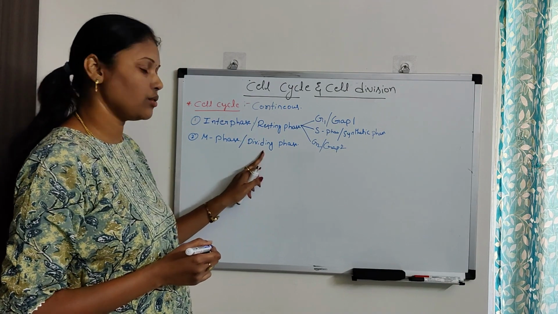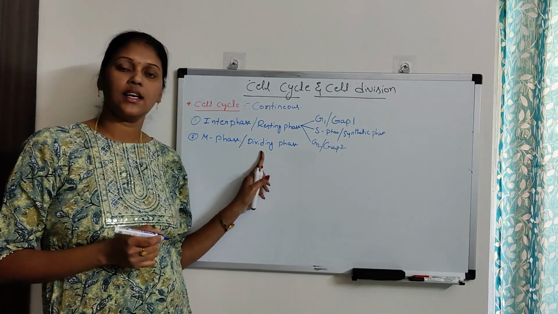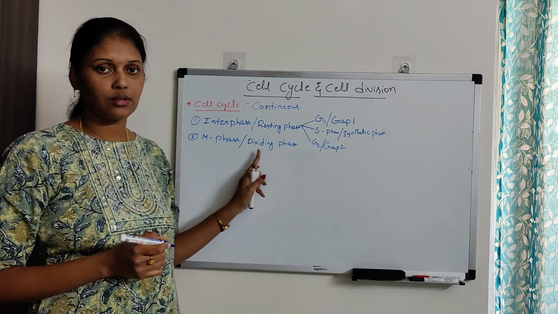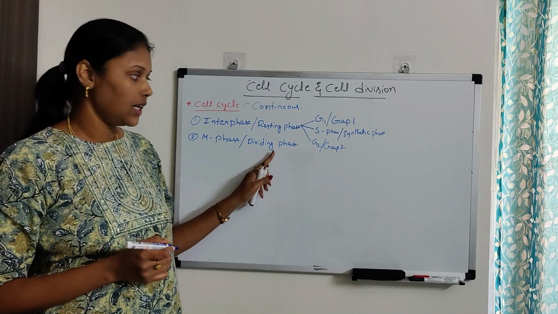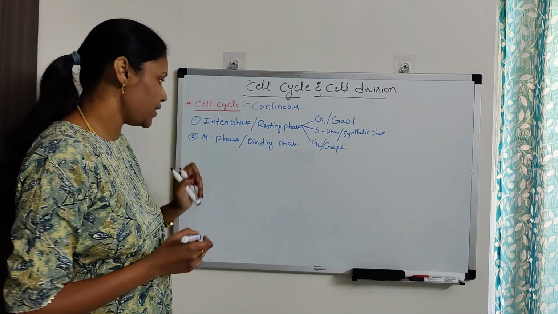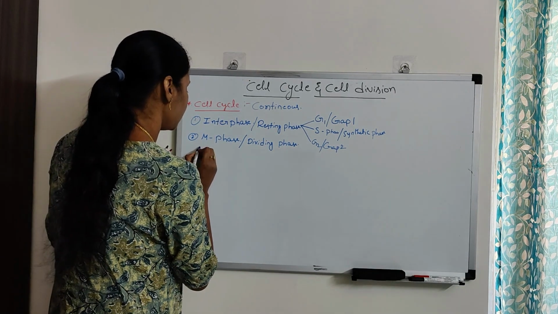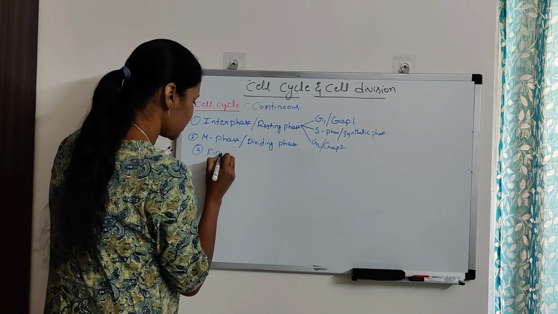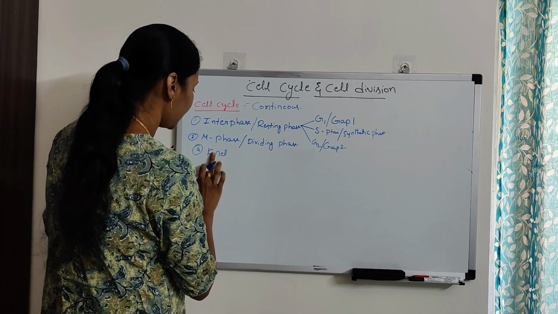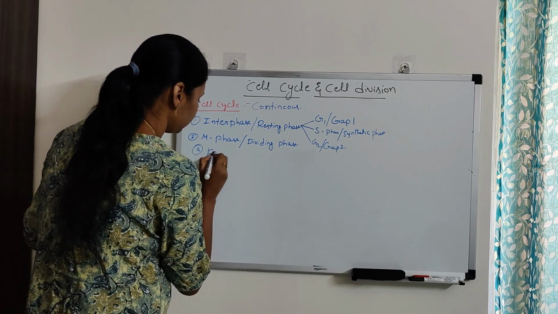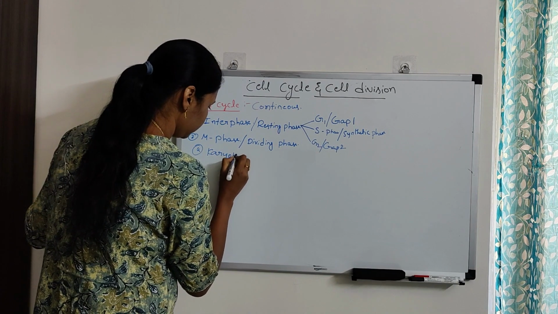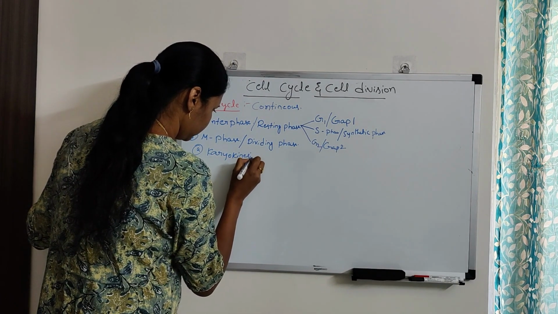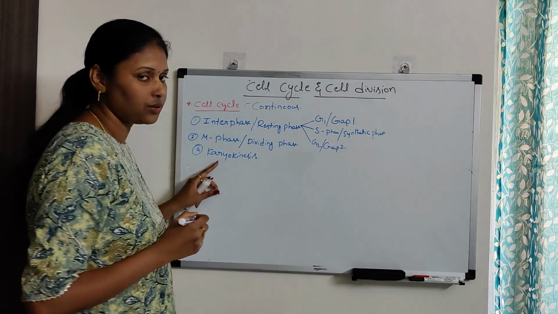M phase is also known as the dividing phase because here the division takes place. The M phase takes place in two stages. One is karyokinesis, that is nuclear division.